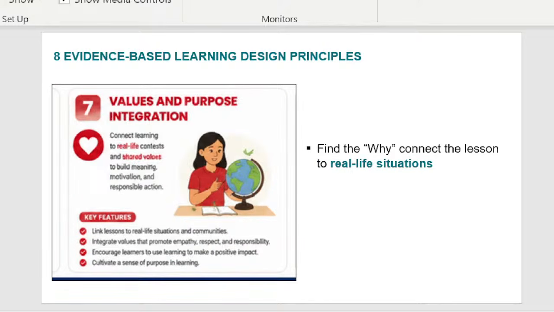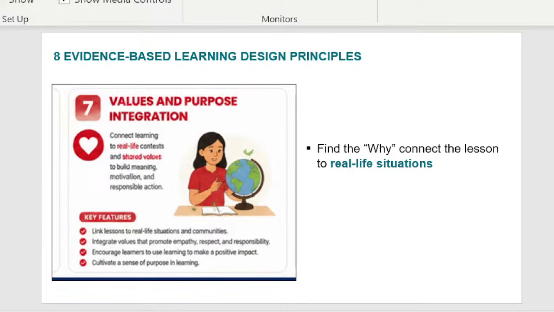Another principle is values and purpose integration. Of course, this is aligned with the integration of values, peace building, because you connect the learning to the real life context and share the values to build meaning, motivation, responsible action.